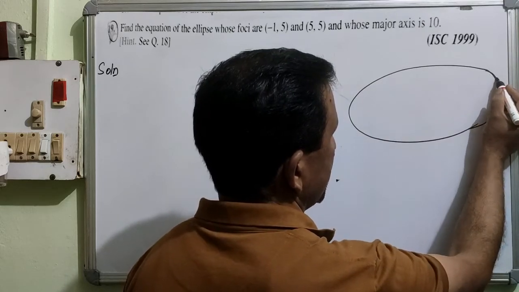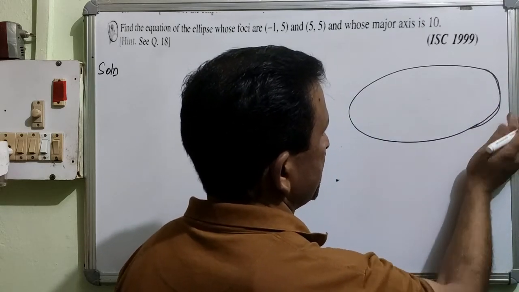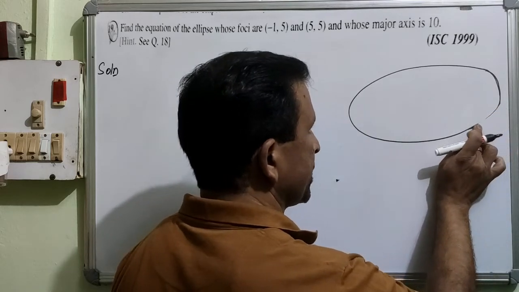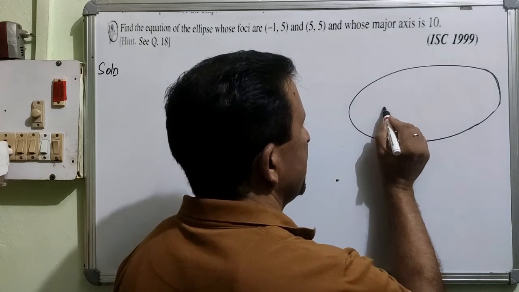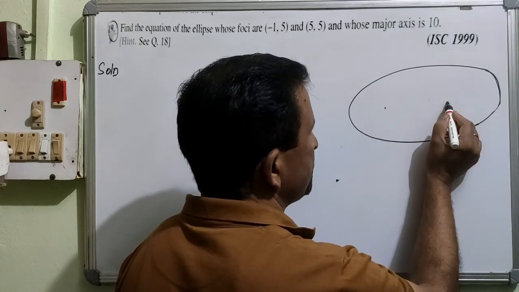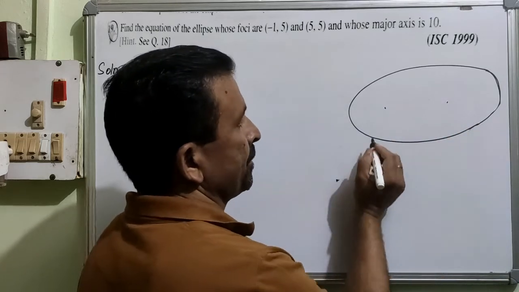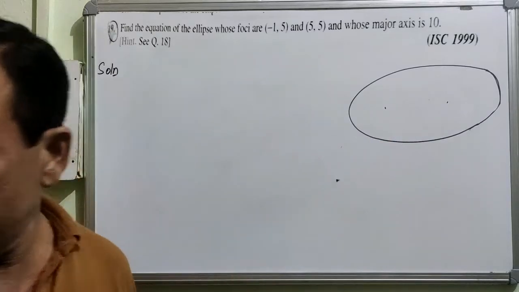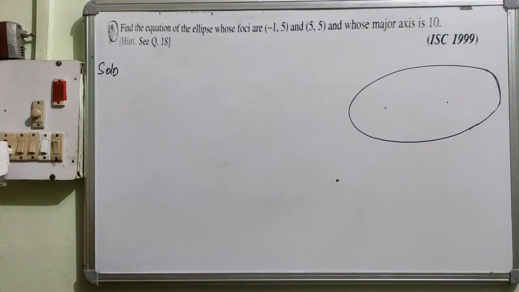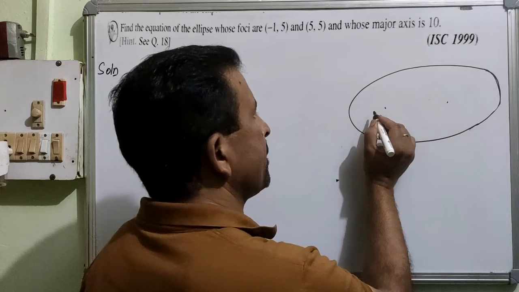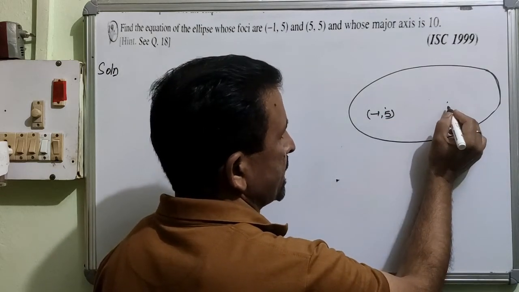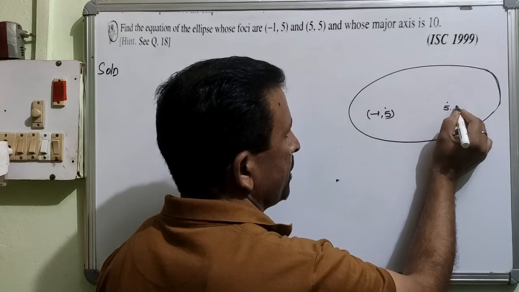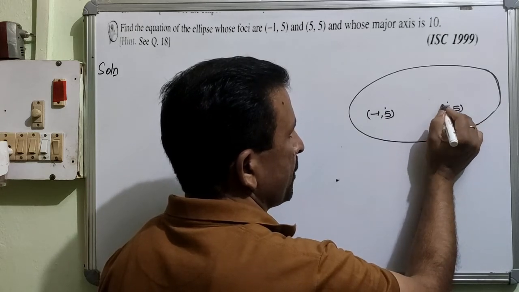Now, according to this question, we are given the coordinates of the two foci. The coordinate of the first focus is (-1, 5), and the coordinate of the other focus is (5, 5).